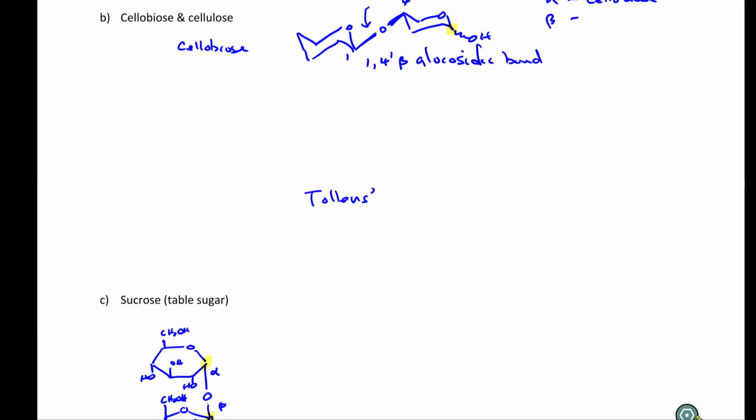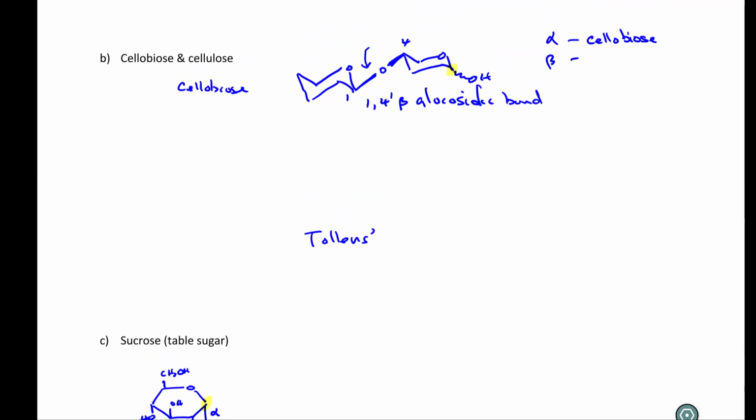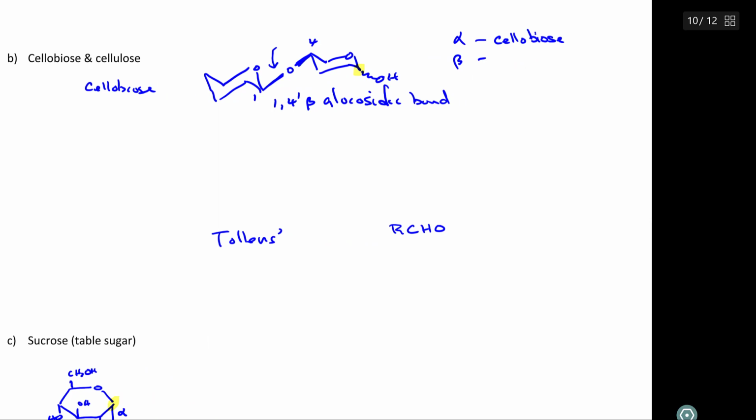And so when Tollens reagent reacts with an aldehyde, and I don't want to be too vague on this, it will also react with some ketose sugars as well, and I'll talk about that in a second.